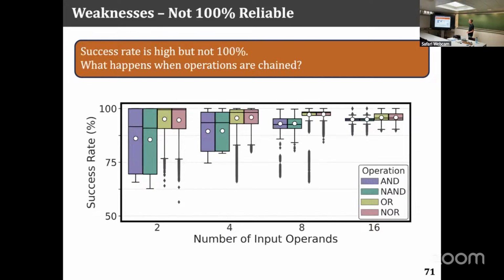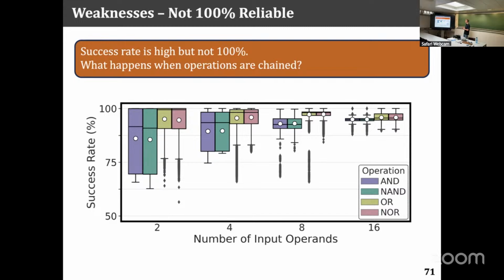And I think the biggest weakness, so it's not the weakness of the paper, but the biggest weakness of what we have right now, is that it's not 100% reliable, right? So we've seen these plots. Some of these operations are at very high success rates, let's say 99% or so, but it's on an individual cell level. So a row consists of 8 kilobytes of data normally, so 65,000 or so cells.